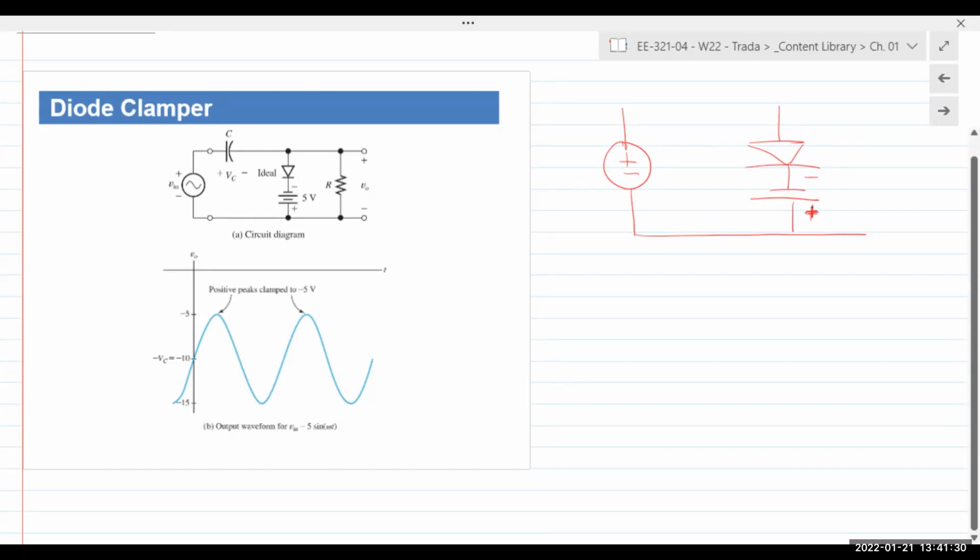So the input needs to go above 5 for it to actually turn on. When it does that, current flows in the circuit in this direction. Capacitor charges up to plus 5 volts. Okay, capacitor charges to plus 5 volts. So VC is plus 5 volts.